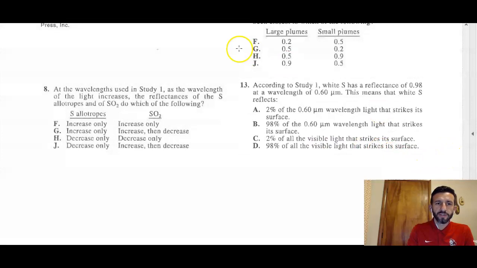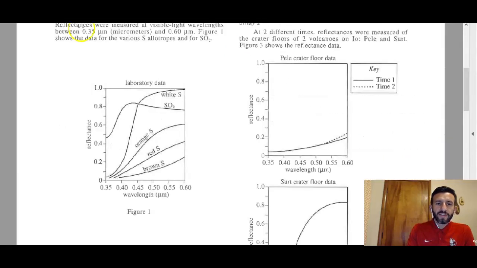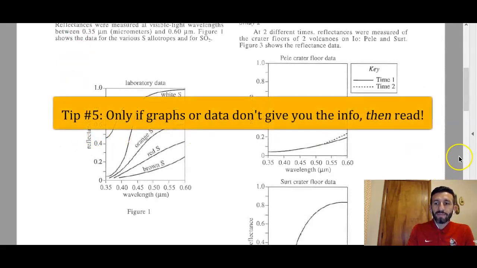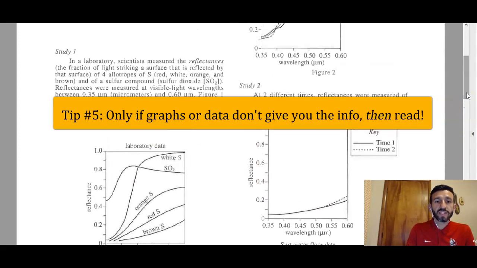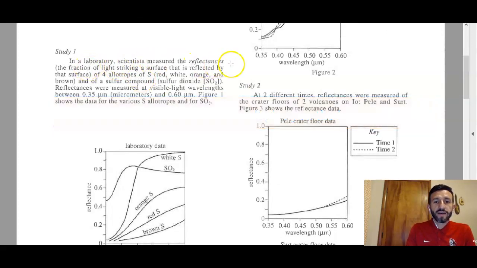So when I go back to study 1, the graph doesn't tell me what reflectance is, okay? So I may have to read, and on occasion there will be a question that you have to read a little bit deeper. Okay, so I start scanning really quick for something that tells me what reflectance is. So right here, italicized: Reflectance is the fraction of light striking a surface that is reflected by the surface. So 0.98 is going to be 98%, okay, because it's everything that's being reflected.